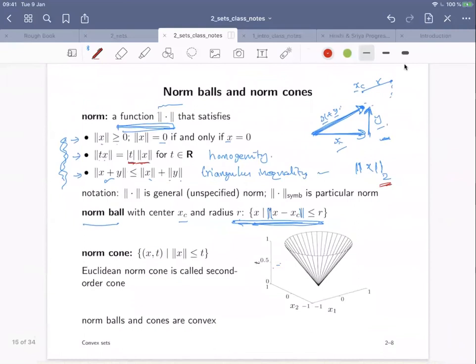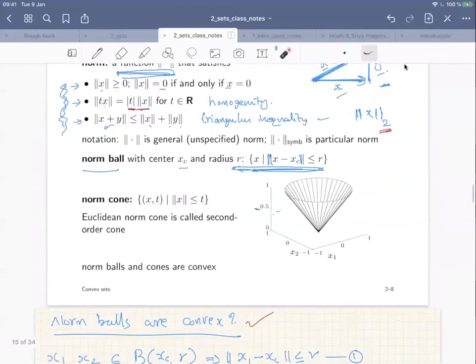Next is the norm cone. Okay, so this is a special set. Here, how do you define the norm cone? The norm cone is this pair. We have x here, for example x is in Rn. Then another scalar t.